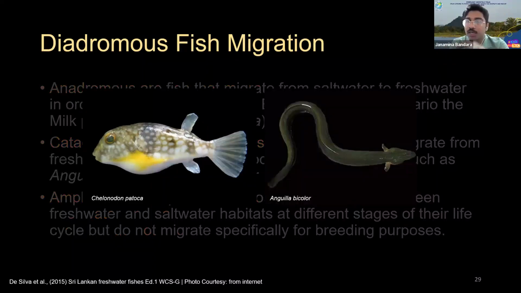Mainly the food availability, like the goby species are amphidromous, some goby species, yeah. So this is the Caragobius. This is the milk puffer, and the Anguilla bicolor species, which are diadromous species, can be found in brackish waters, but they do not live their whole life there. They just cross this certain ecosystem.